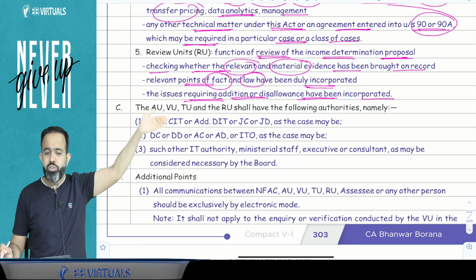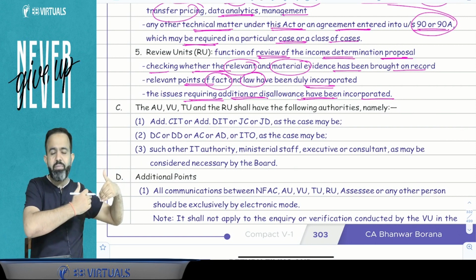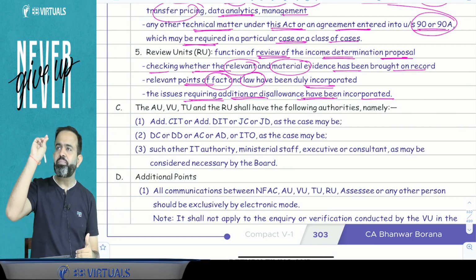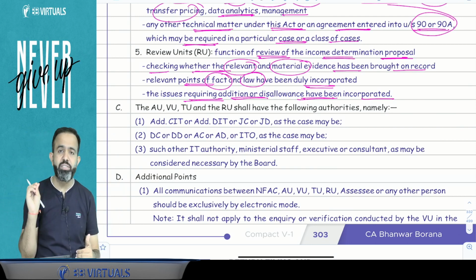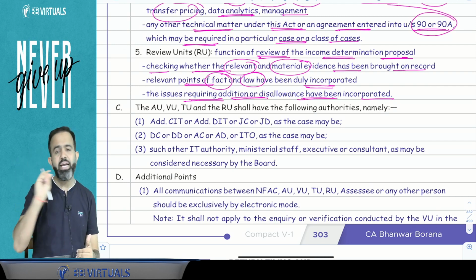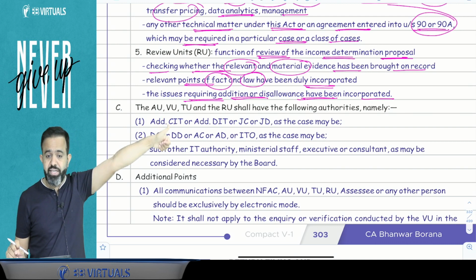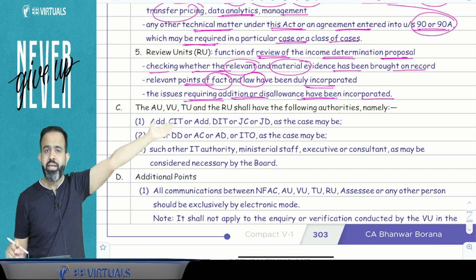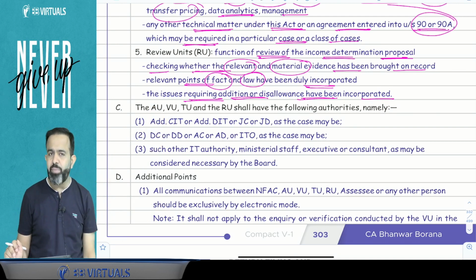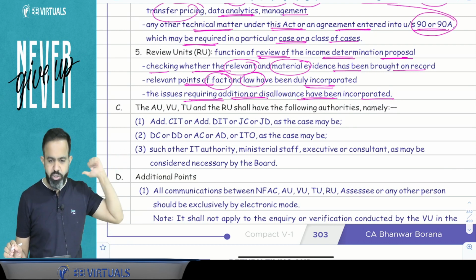In the assessment wing, we can say the JC, joint commissioner, additional commissioner, AC, DC and ITO, and in the investigation wing, the additional director as well as the joint director, deputy director and assistant director, they will be the authority in this particular unit.